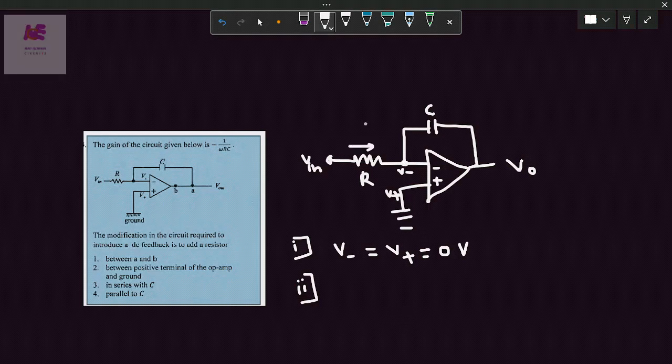I assume this is IR current and this is IC current. IR is the incoming current to the node V minus, and IC is the outgoing current from V minus. So IR is equal to IC. Incoming current is equal to outgoing current.